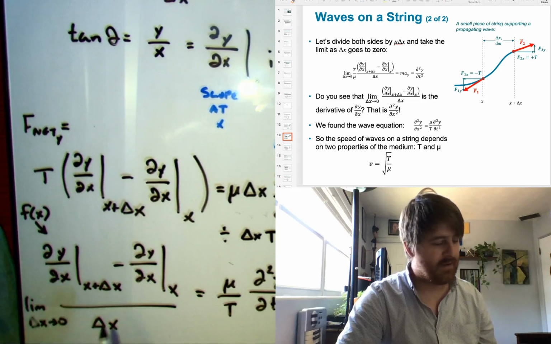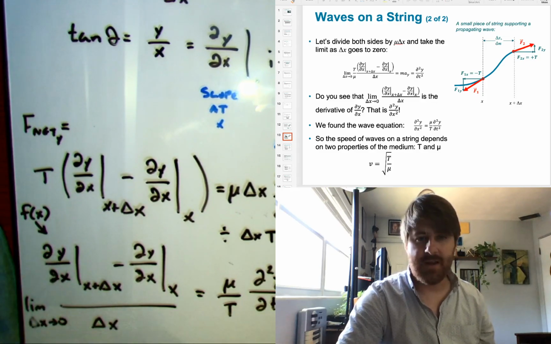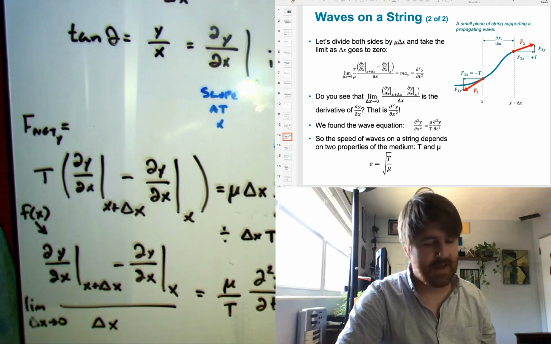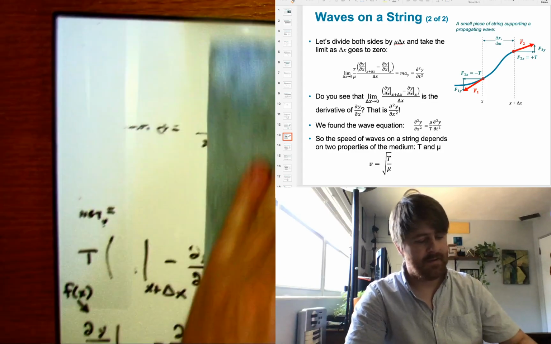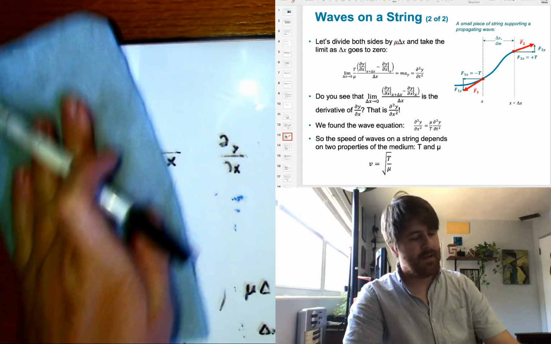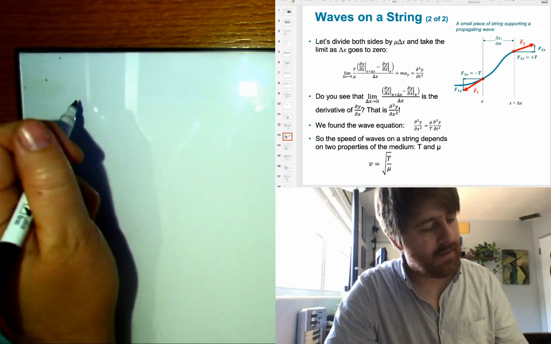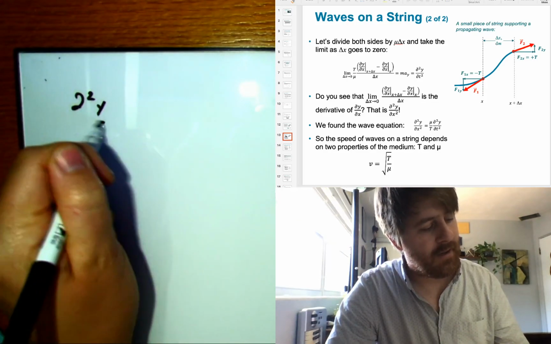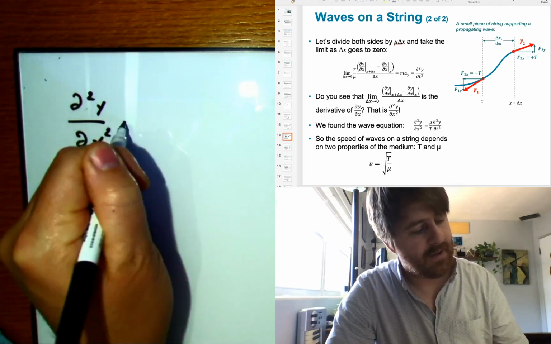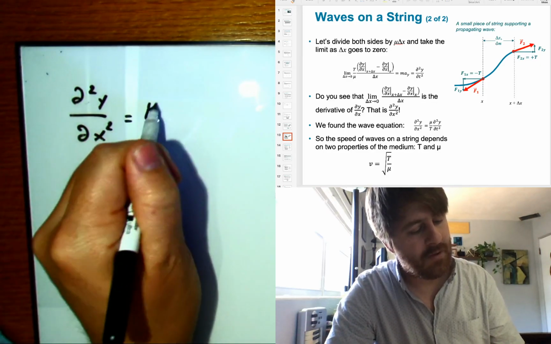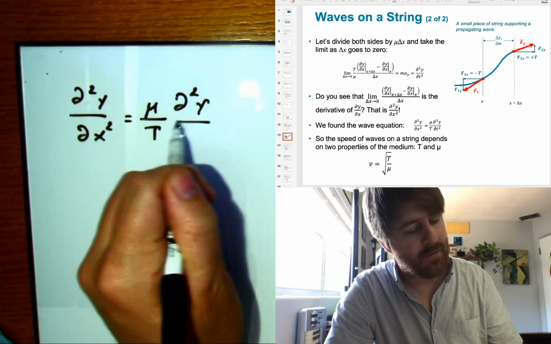So this is the definition of the derivative, then this must be the second derivative. So what we've got here is an equation that says the second derivative of y with respect to x is equal to mu over t times the second derivative of y with respect to t.